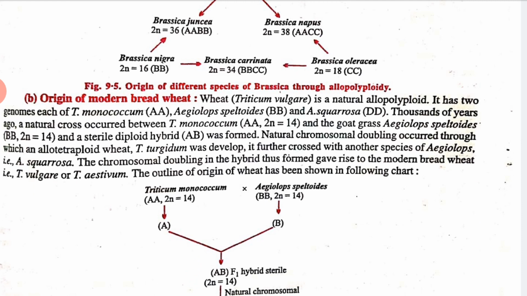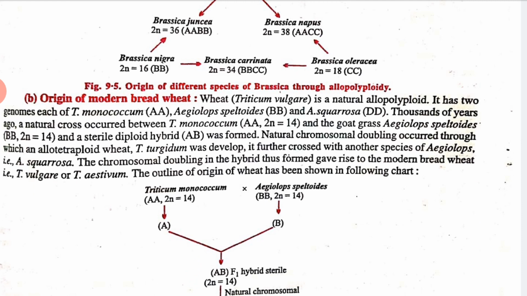It has two genomes from T. monococcum, AA and BB, and also Aegilops squarrosa, that is DD. Thousands of years ago, a natural cross occurred between T. monococcum, that is AA, 2n equals 14, and the goat grass Aegilops speltoides, that is BB, 2n equals 14, and the sterile diploid hybrid, that is AB, was formed.